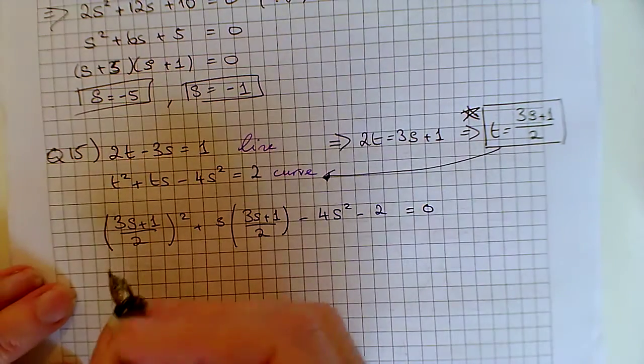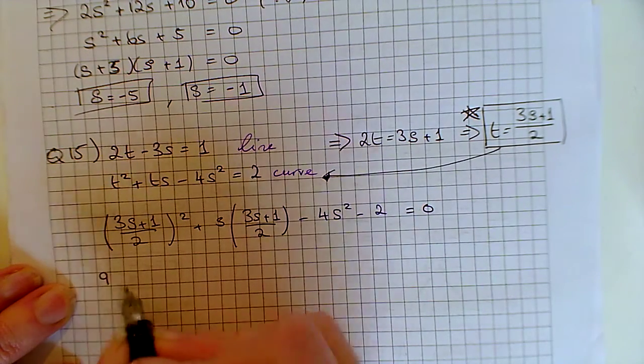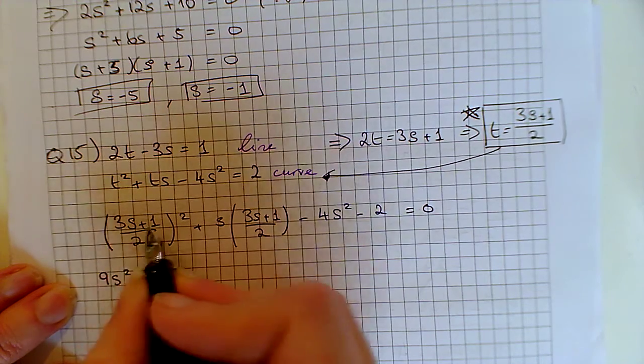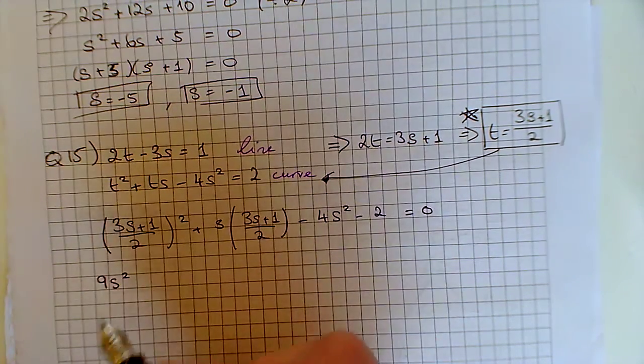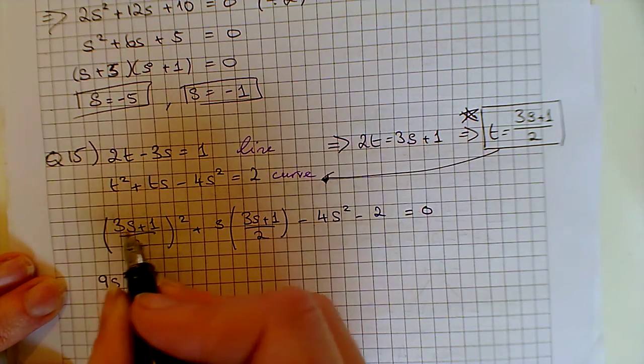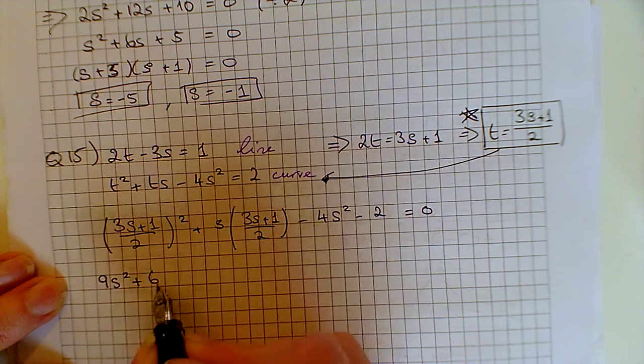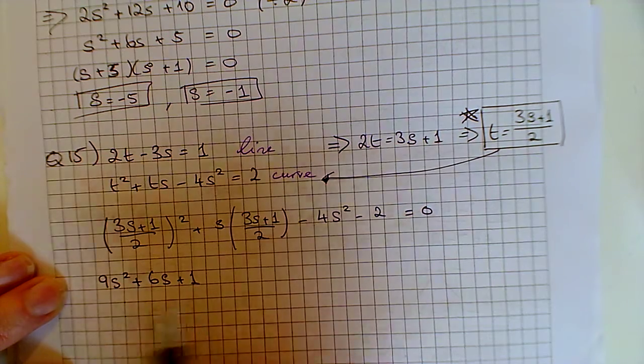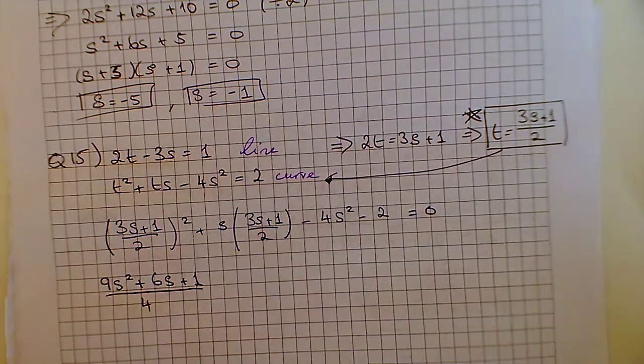Then I'll square out my brackets. I've got 9s squared. So I square the top and I square the bottom. That's how I have to do it. 9s squared, 3 by 1 is 3 and then double it, plus 6s plus 1. And don't forget to square the bottom as well. 2 squared is 4.